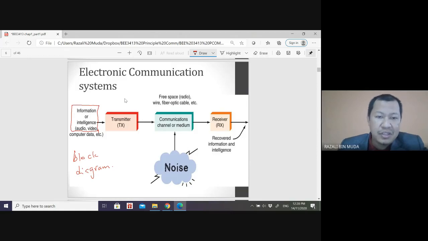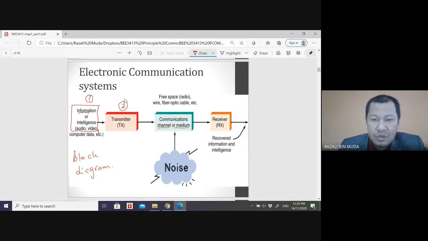So the first block is the information. Okay, we have the information, number one. Then we have the transmitter or the transmission system to transmit, to send the information, number two. And then we have the medium, or sometimes we call it channel.